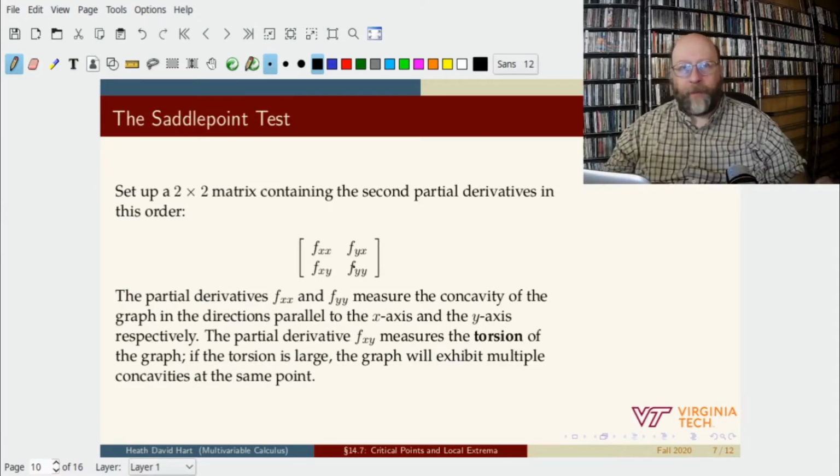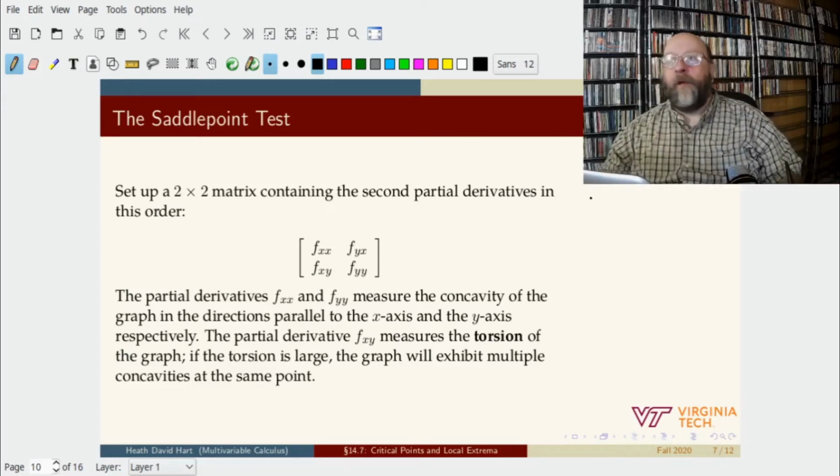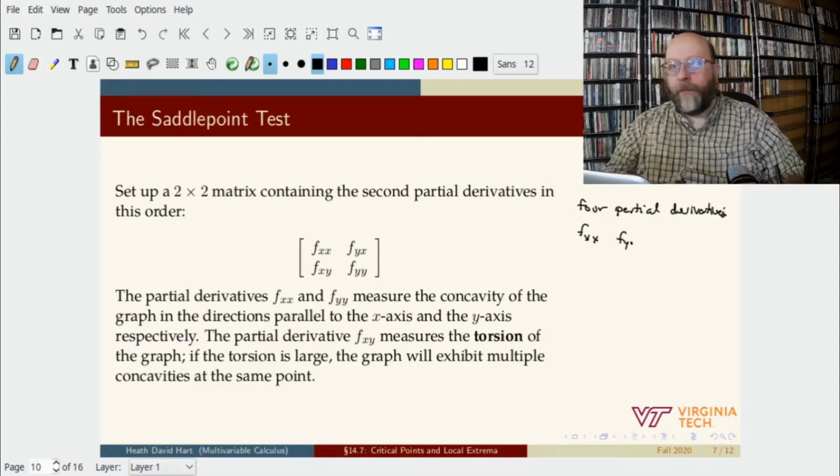I'm going to get to this business about the matrix in a moment, but let me talk about the idea first. We have 4 partial derivatives. The 2 that use the same variable both times, fxx and fyy, these measure concavity.